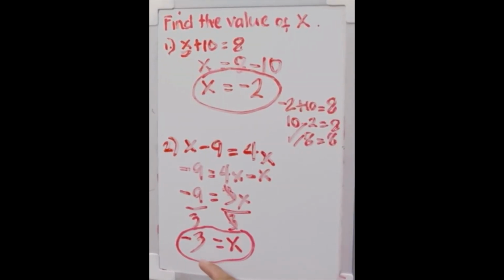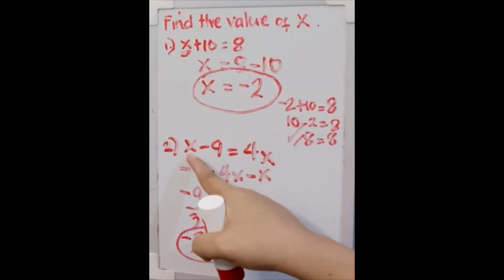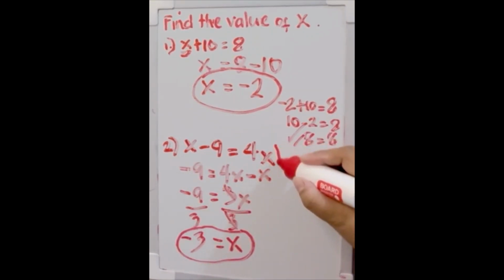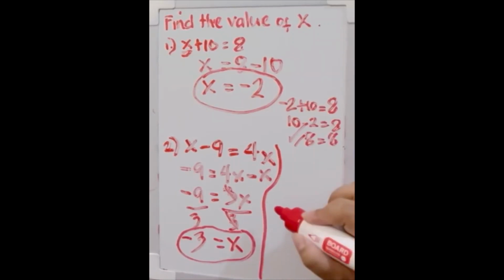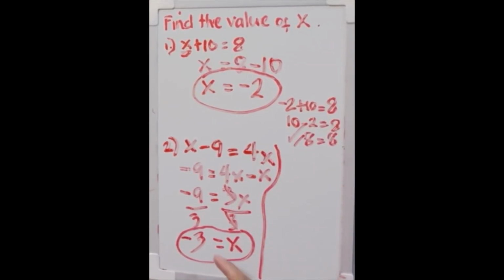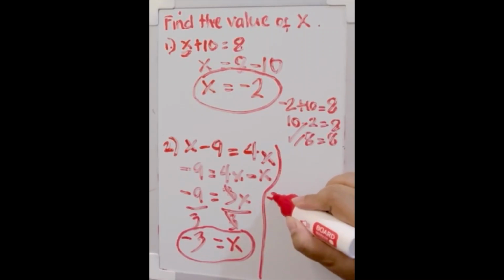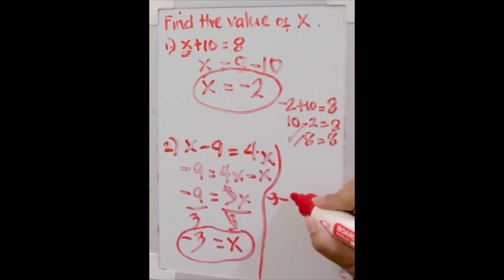Now you can check whether your answer here is correct by replacing this negative 3 on our x's here. So when you check, we will do the checking. So your answer is negative 3. We will substitute the value to the x here. So we have negative 3 minus 9 equal to 4 times negative 3.